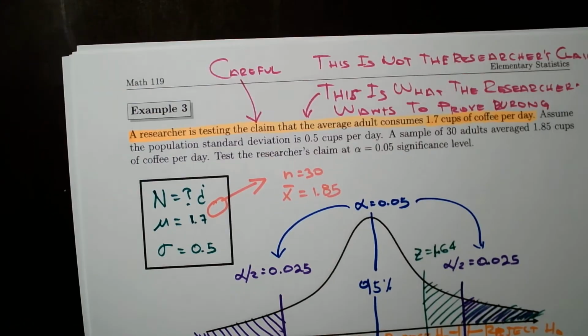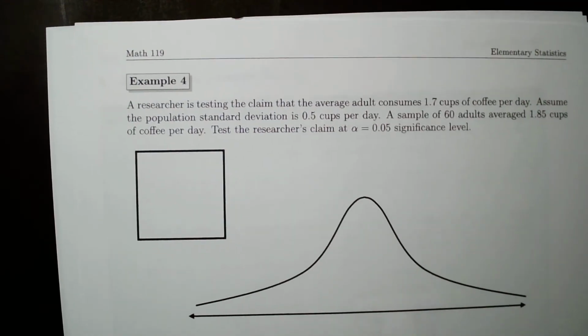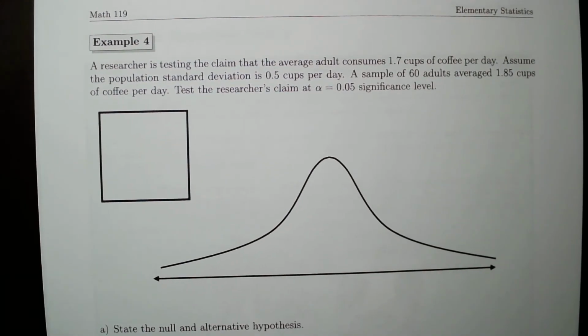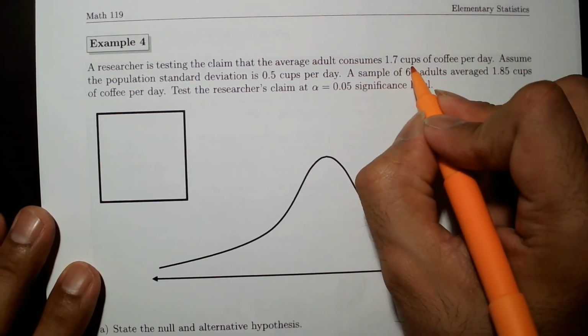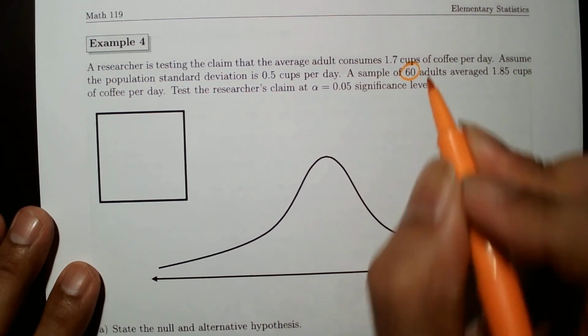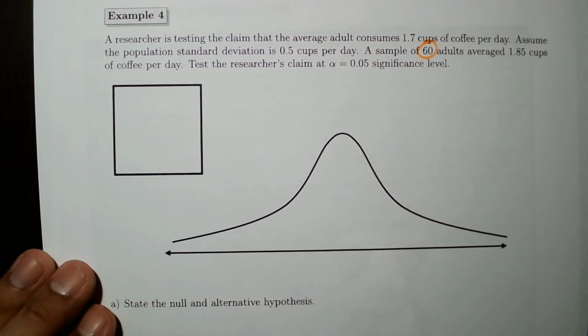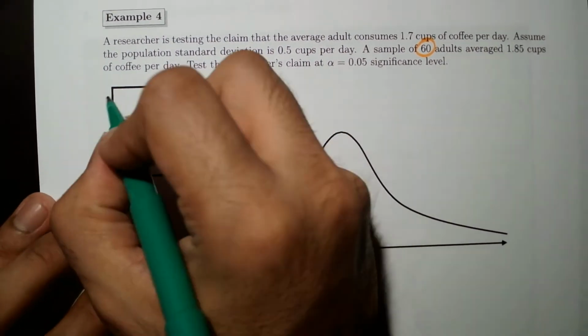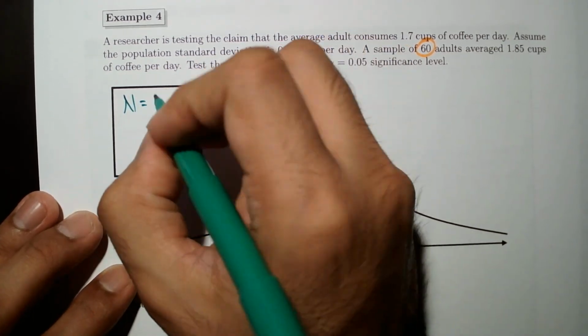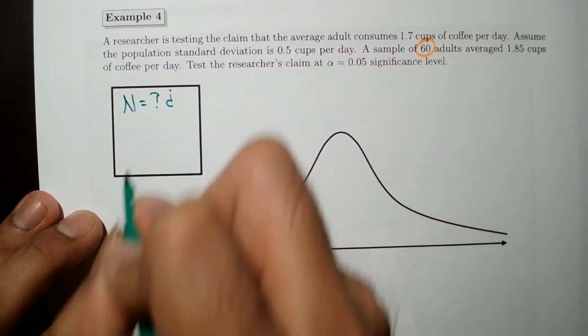The next example is exactly the same thing. However, now we are taking a sample size of 60 adults. Well, I'm going to do everything again. I don't want to just go straight to the calculation. Begin, which is the population size. We don't care. We don't know.